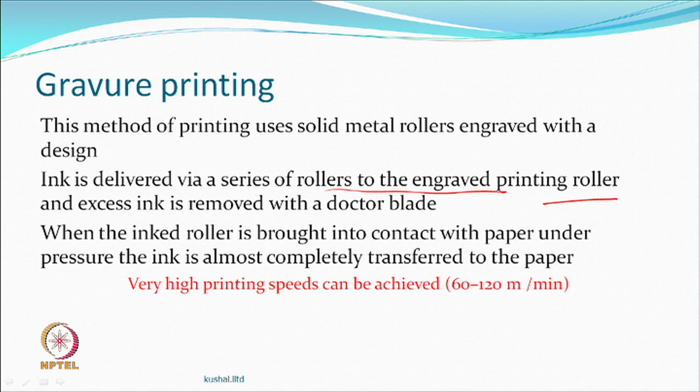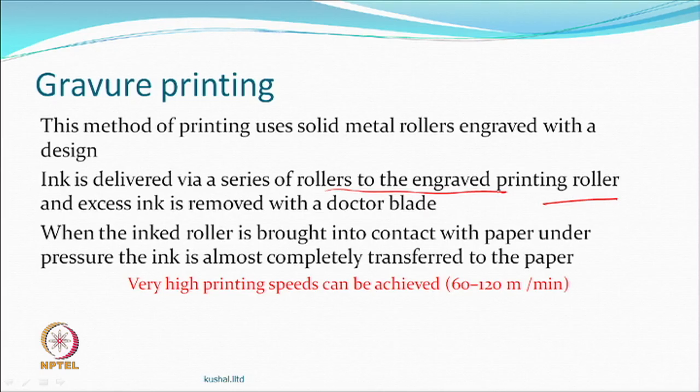So, in the previous case it was a relief, the design is outside the main surface. Here it is engraved, and this is what we have in the textile roller printing machines also. You have designs engraved, and excess ink is removed by a doctor blade, like you had a doctor blade.